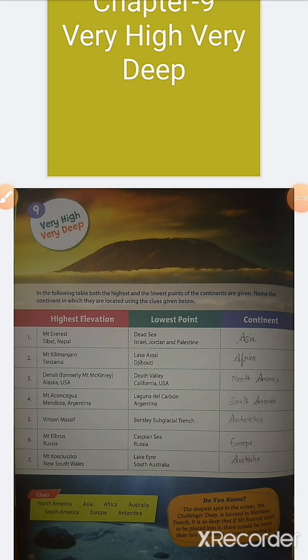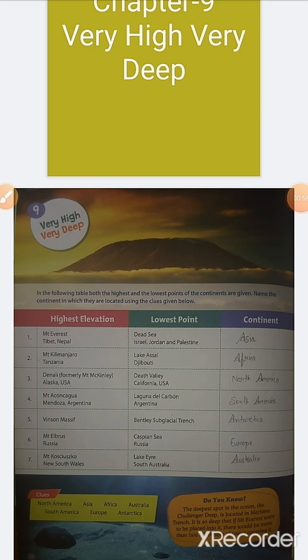So, Mount Elbrus is the highest elevation for Europe, and Caspian Sea is the lowest point for Europe.